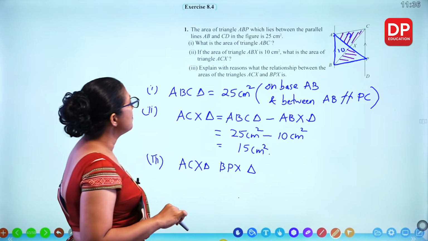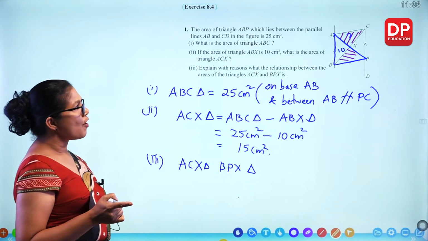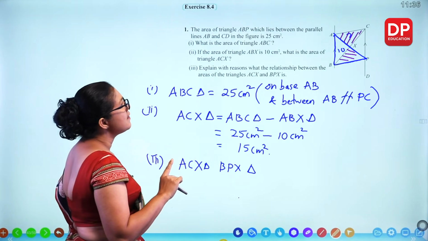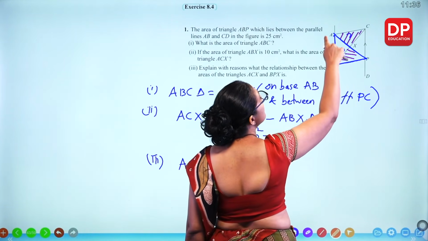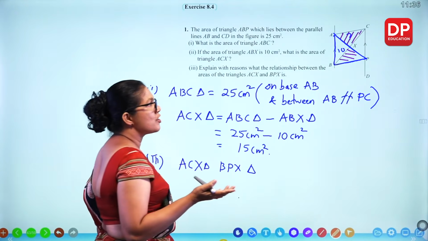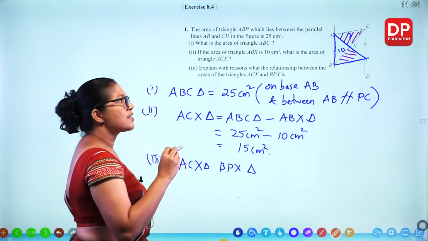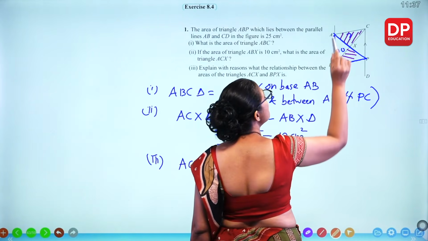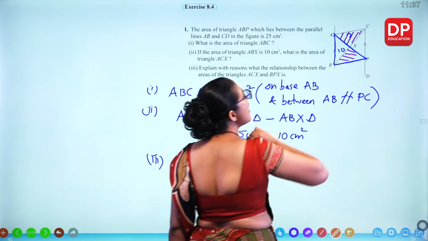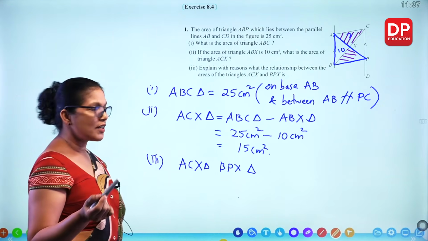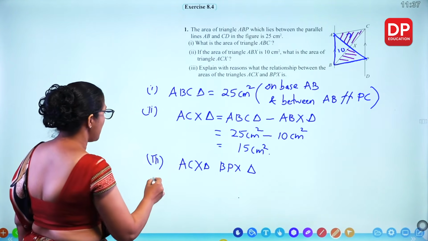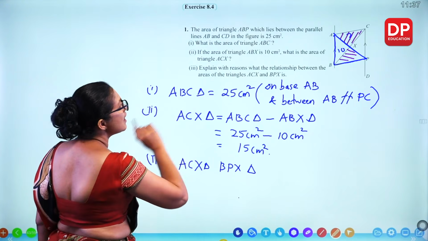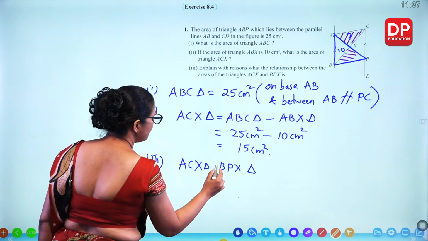What's the relationship? From the previous part, we found that these two triangle areas are equal according to the theorem. When you subtract 10 from that, we got this is 15 and here also we are getting 15. So what can you say about the other part? We can say this is equal.